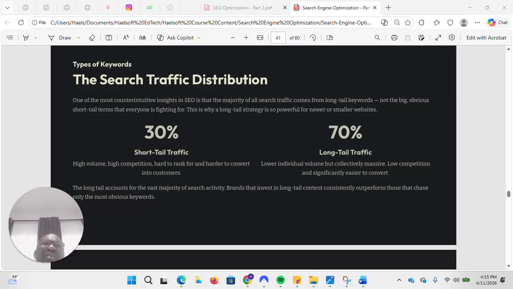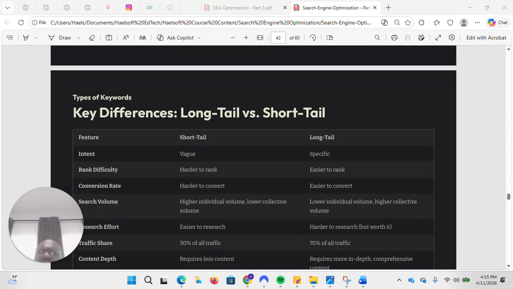It's extremely hard to rank on search engines and harder to convert into customers. But for long tail keywords, it's much easier to convert into customers and easier to rank on Google as fast as possible. You understand? But it has a lower individual search volume.